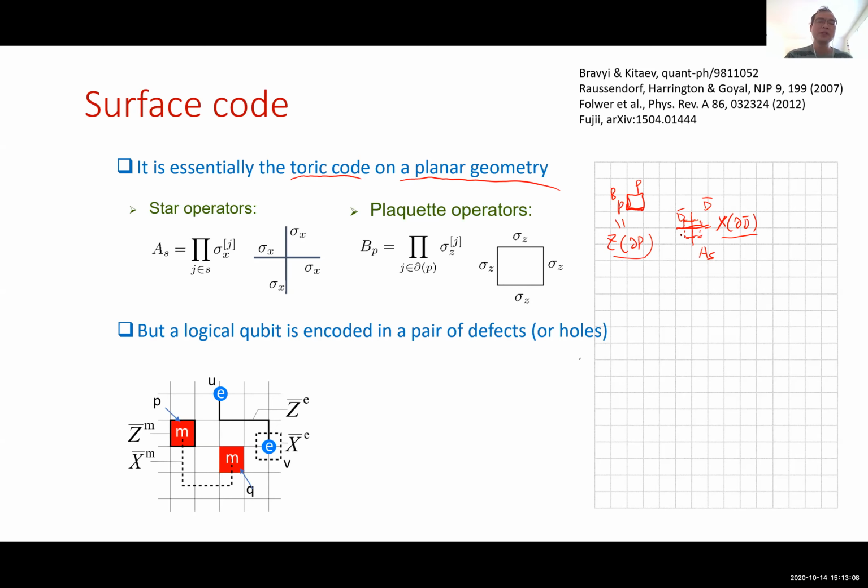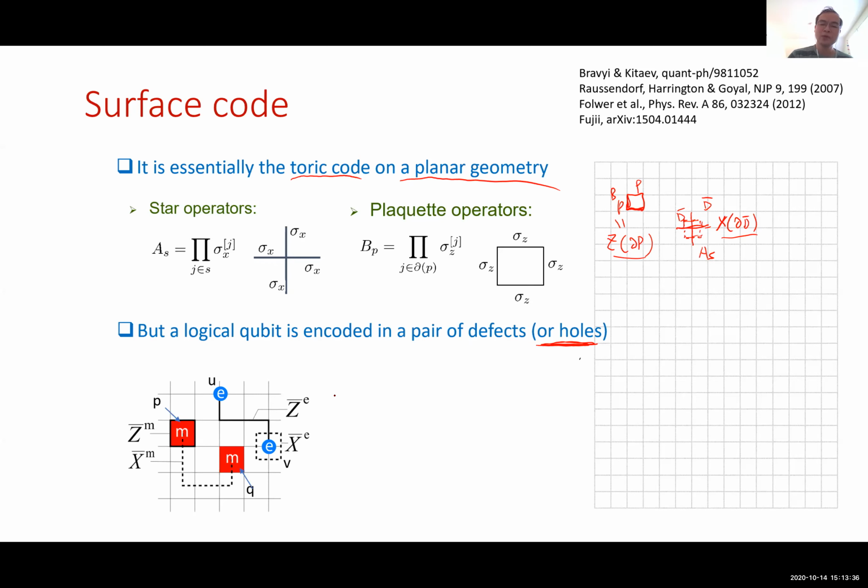The difference is that in the surface code, I don't have the torus, so I don't have the ground state in the sense of topology, right? So in order to encode a logical qubit, I should create a topology myself. And in this case, it's to punch hole. Okay, it's to punch hole.